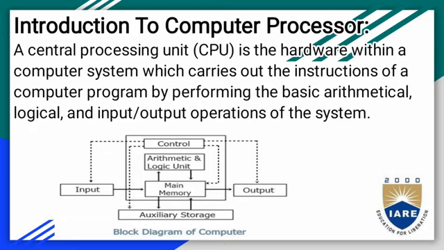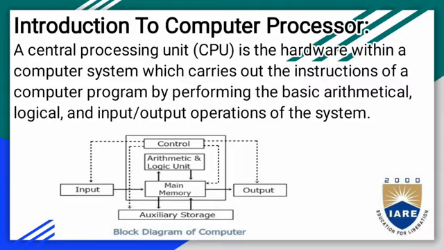Input is given to the main memory and certain logical and arithmetic operations are performed in ALU, and the control signal is given to the auxiliary storage to further store or retrieve the data, and the output information is given. This is a brief introduction to computer processor.